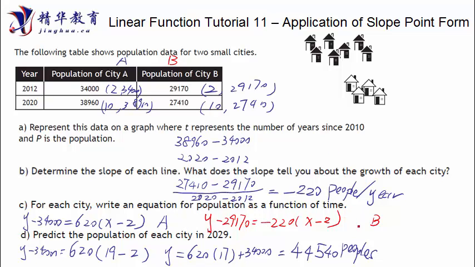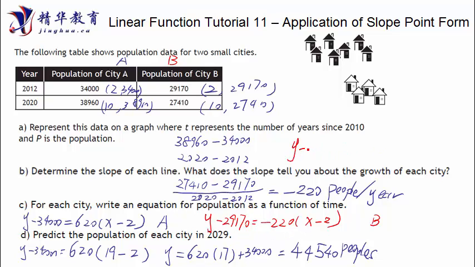Now, in 19 years for city B, let's guess: city B is supposed to have even fewer people, right? Because city B's people are leaving. That means every single year they're losing 220 people here. That means 19 years since 2010, you're going to lose a lot of people. Let's see, is that true?